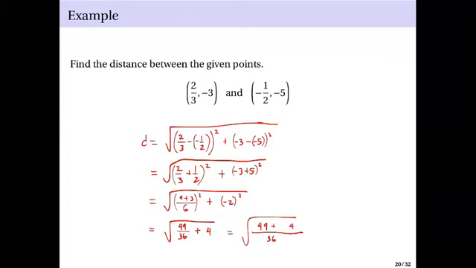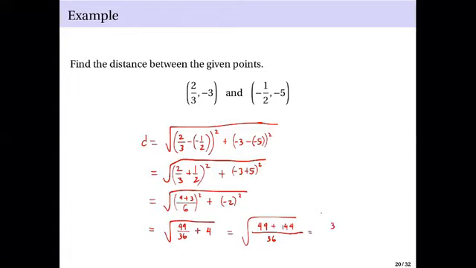So it's 144. Kindly check my arithmetic there. Yeah, 144. Thank you. And then we have 49 plus 144, that's 193. And then you divide this by 36, you get the square root.